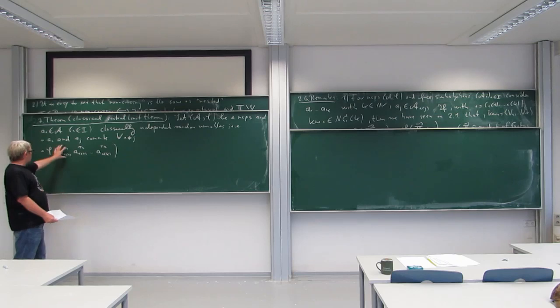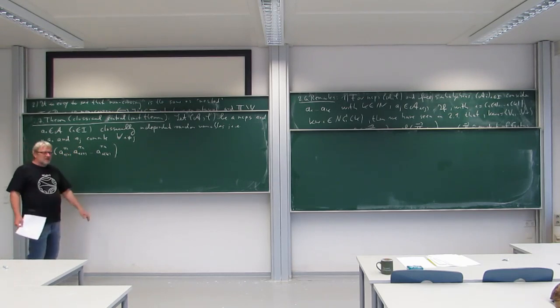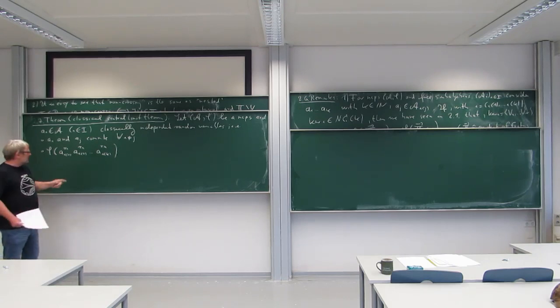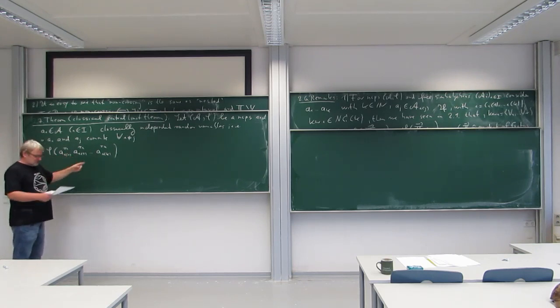So let's say I have a power of a_1, I have a power of a_2, maybe the power is 0, then I don't have it. So maybe I just have a_1 to the power 4 times a_5 to the power 7 times a_9 to the power 2, something like this. But I can always commute things, so I can assume that the indices here are strictly increasing.